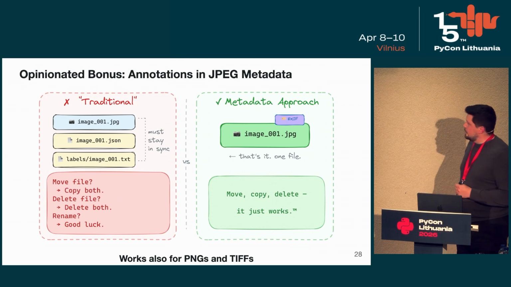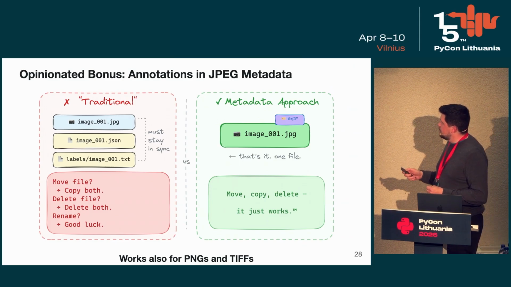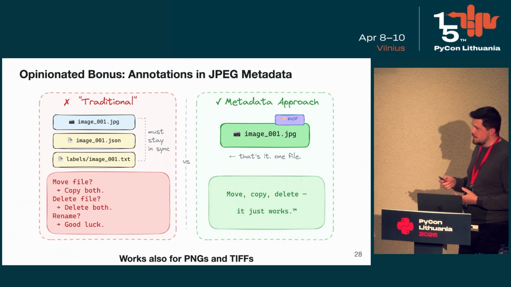So if you work with not so big data sets and you would like to simplify the dataset structure, I believe it makes sense to put the data just inside the file, and you can just copy, delete, experiment, do whatever you like, and your file is always self-contained.